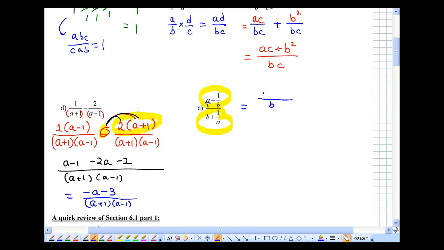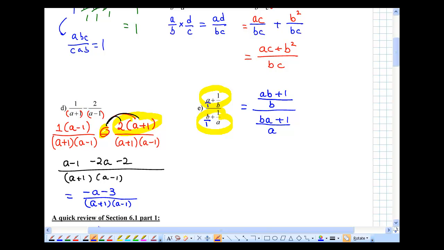The first term is missing a b, so it's ab, and the second term already has the b, so I leave it; only the 1 remains. Similarly for the bottom, this is b over 1, so the common denominator between 1 and a is just a. So we have b, missing the a, so ba, and then plus 1.